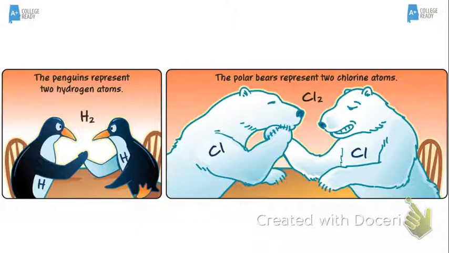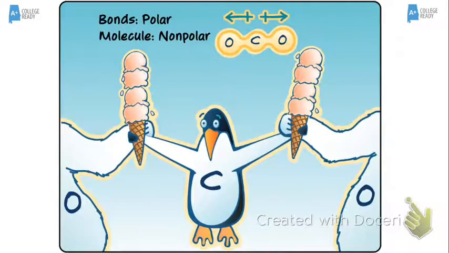Again, in this arm wrestling competition, because they are both equally as strong, they will not win the battle. So that goes back to our electron sharing. Whichever one is the strongest will get the electrons, but since both of them are equally as strong, they both will share the electrons equally.